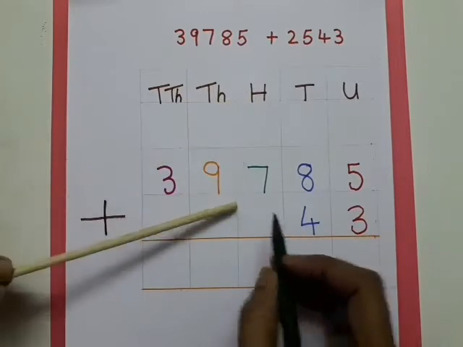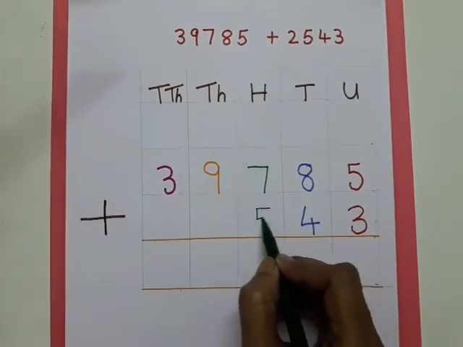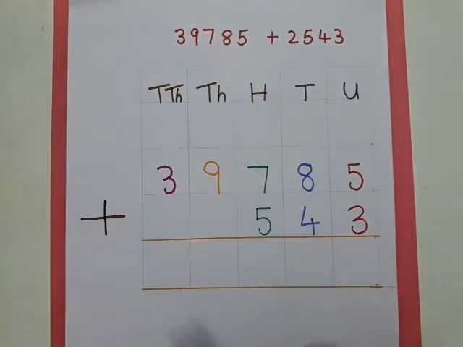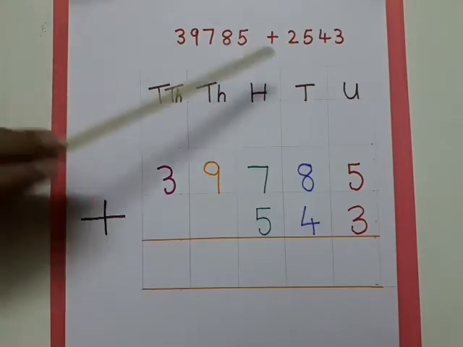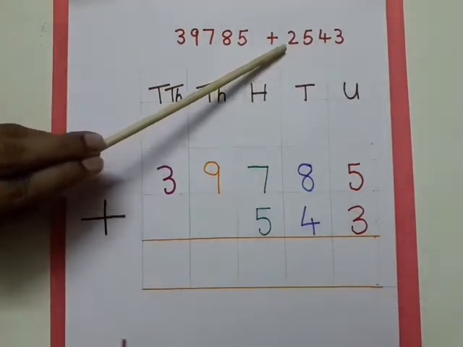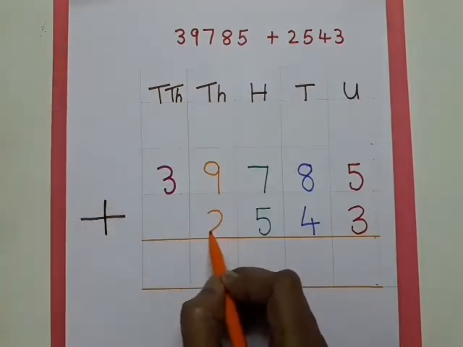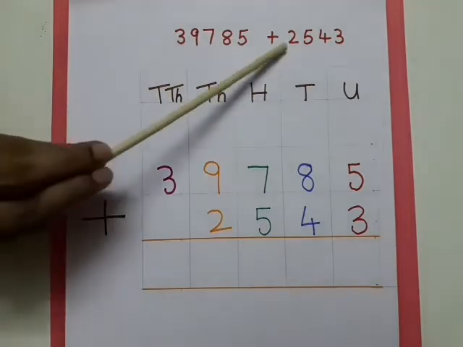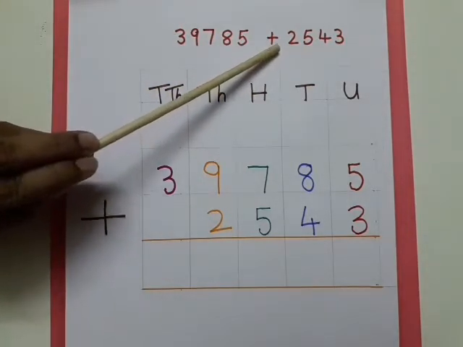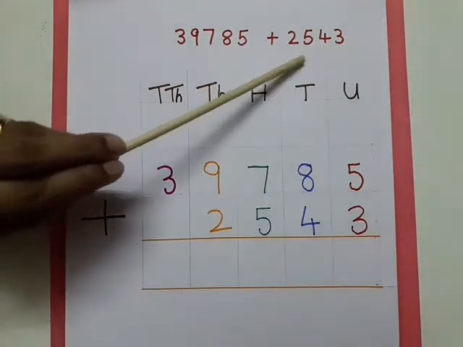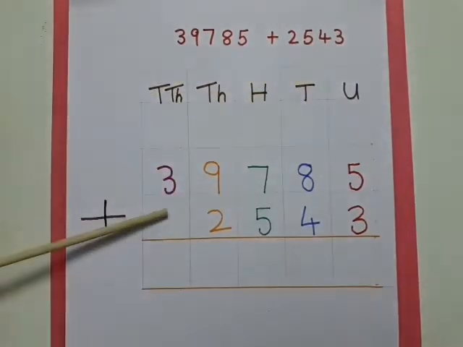So in the hundreds place I write the number 5. Now in the thousands place we have the number 2. So in the thousands place I write the number 2. Now there is no number in the 10,000s place. This is a 4-digit number. So we leave this empty.